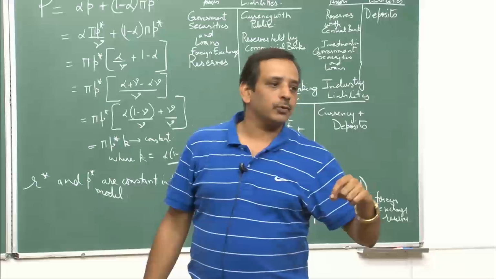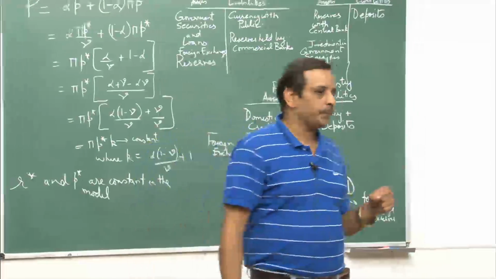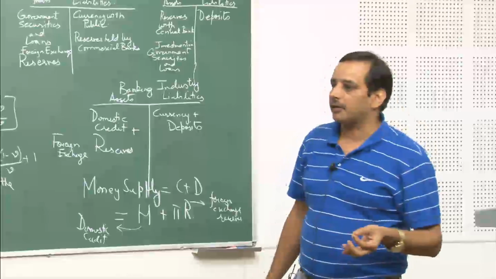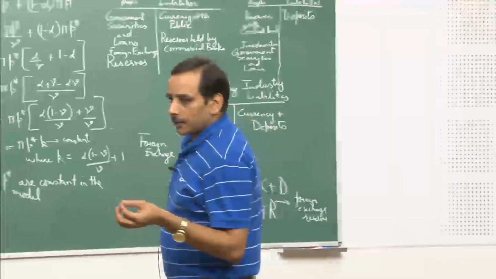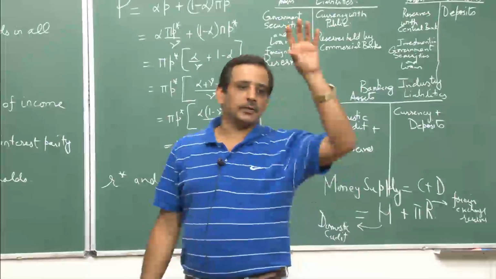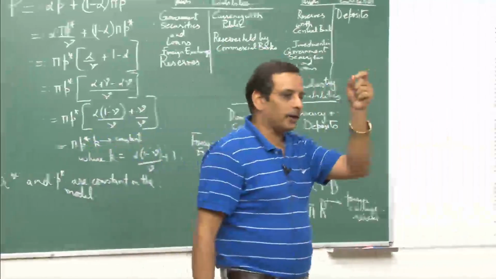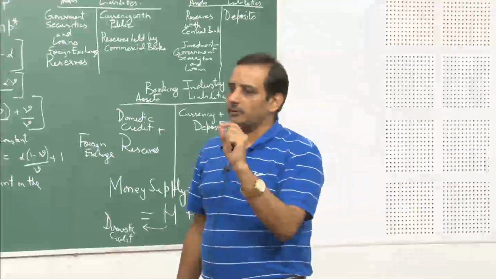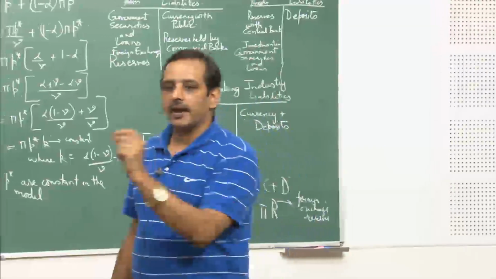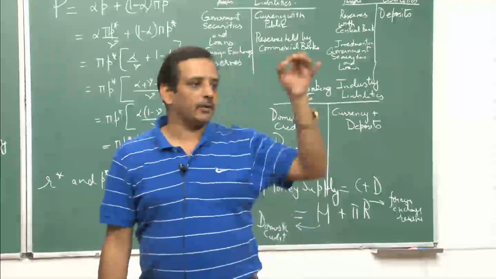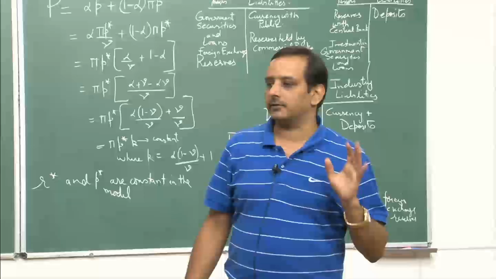So a country which would lose reserves would see a reduction in the money supply. And so, for that country, the assumption was that this would have a direct impact on the prices. So a reduction in money supply would lead to a reduction in prices.